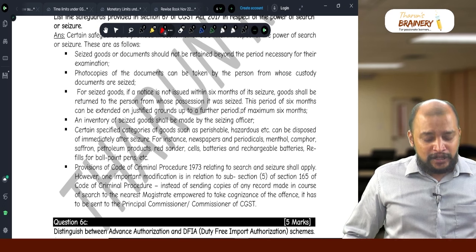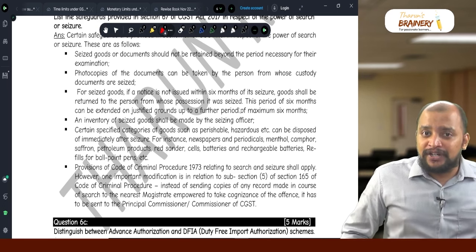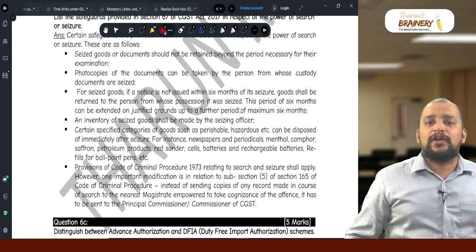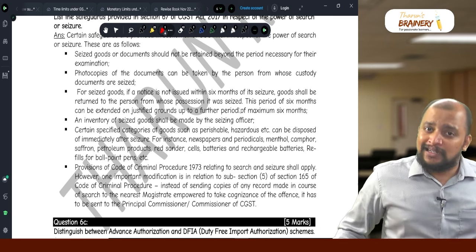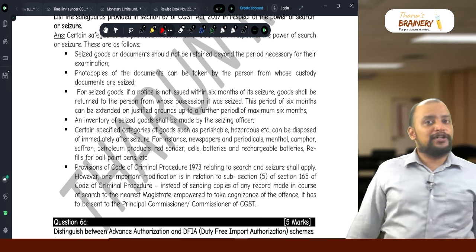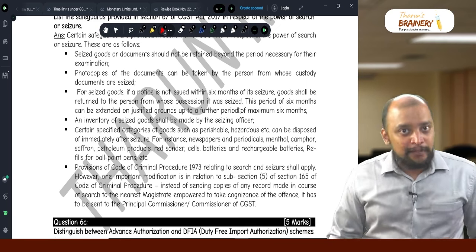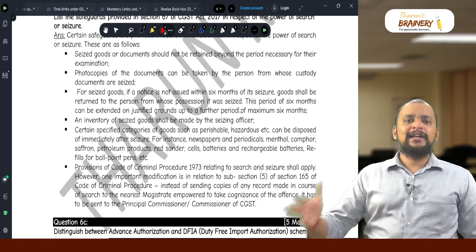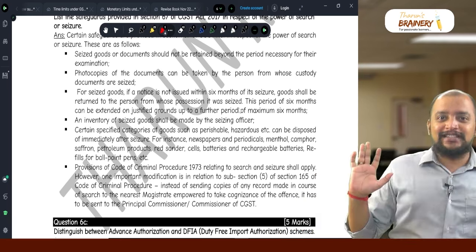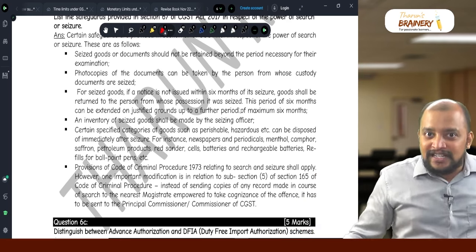So go through these answers, and if you have already appeared for the exam and have any query, you can ping me on my Telegram, or if you are appearing for November 22, you can take this as a revision for your exam. Okay, and don't worry about all these things. Suppose if you have not written well, nothing is in your hands, so we will see on the result day.